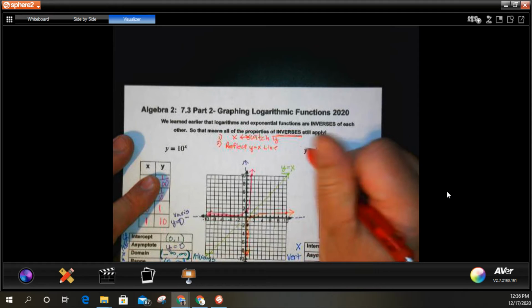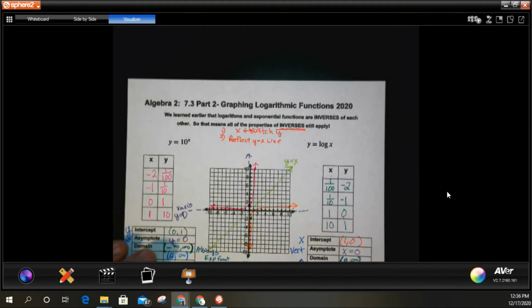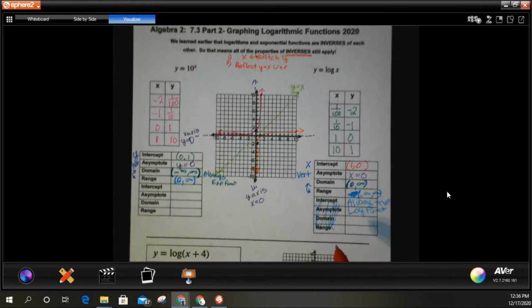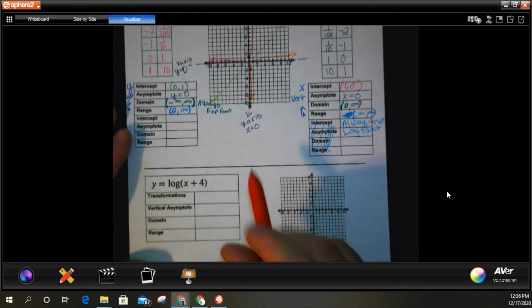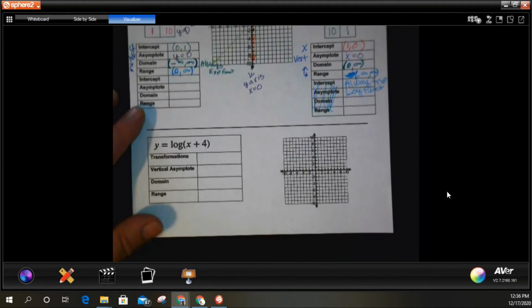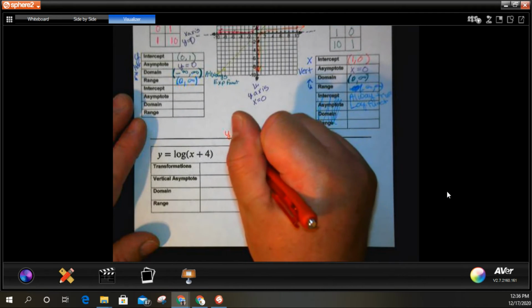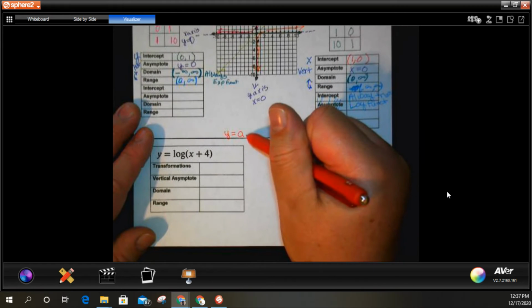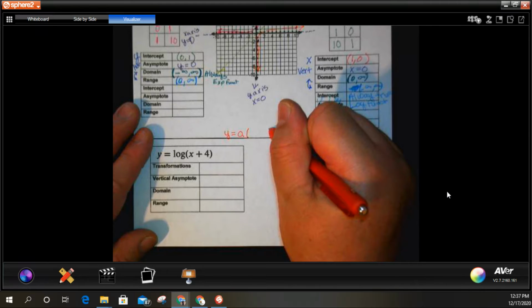So let's talk about transformations. Remember, transformations always went off of that equation, y equals a, and whatever symbols, whether it was absolute value bars or even quadratics, remember vertex form, x minus h plus k.